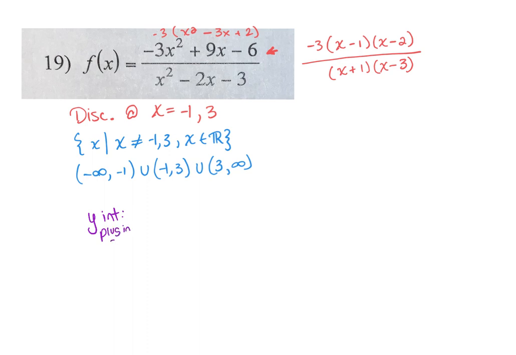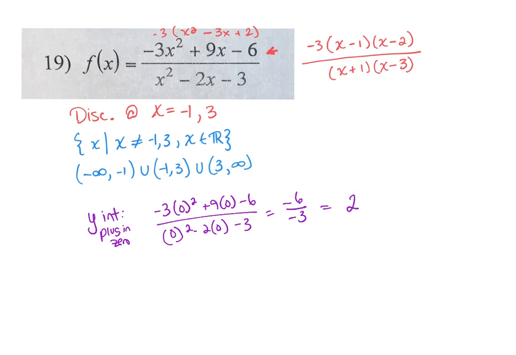I'm going to say -3 times 0 squared plus 9 times 0 minus 6 over 0 squared minus 2 times 0 minus 3. So the first 2 cancel out, and I'm left with just -6 over -3, which is +2. So my y-intercept is when x is 0 and y is 2. (0, 2) is my y-intercept.